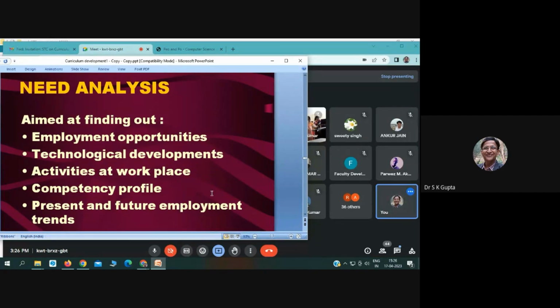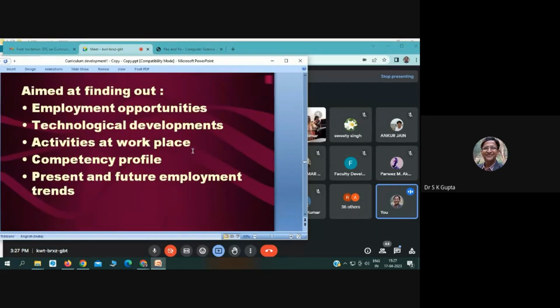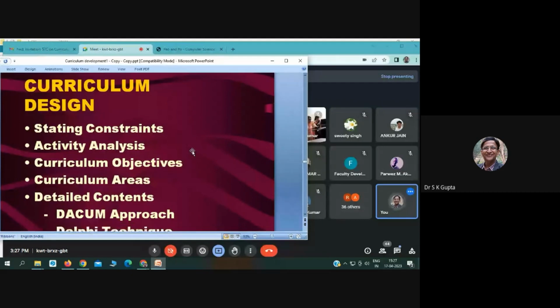So once we know all these factual positions, then we go to the design stage. Then here we have that very systematic and scientific curriculum design process.